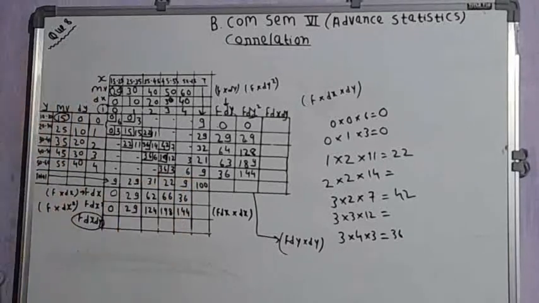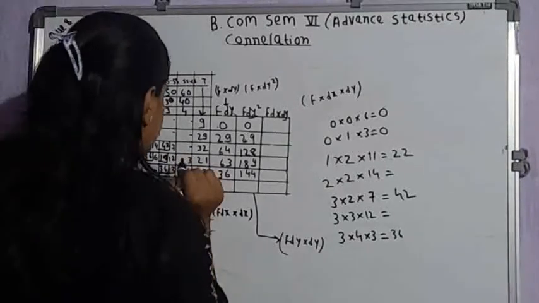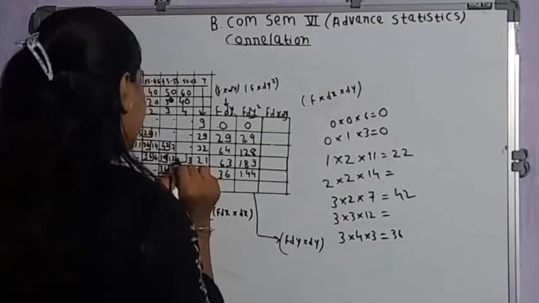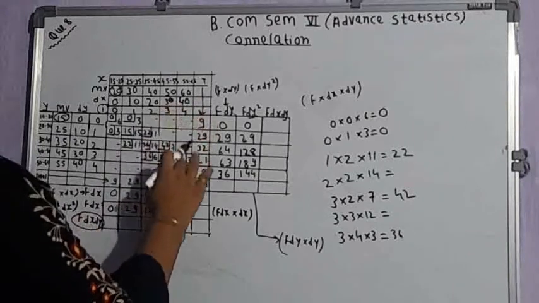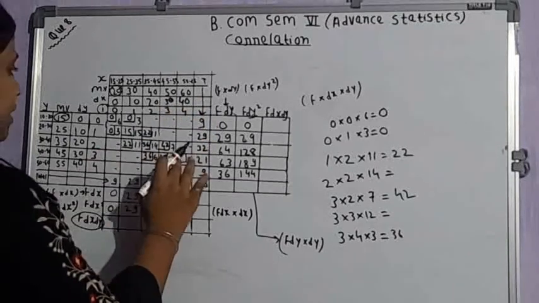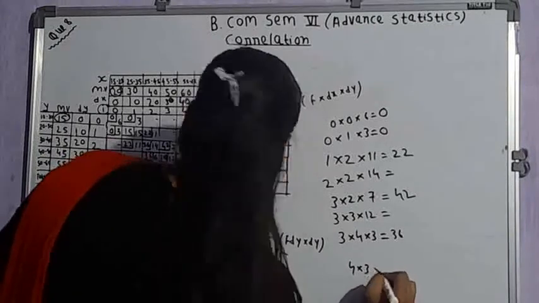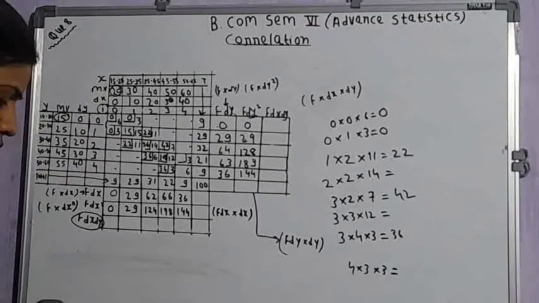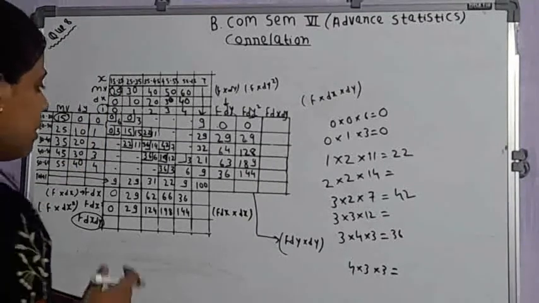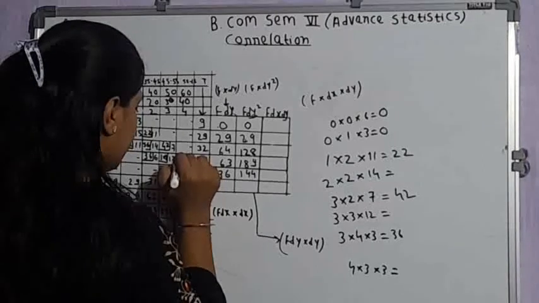Then what is left? 3 is left, when the frequency is 3. So how would f dx dy be calculated? dx is 4, dy is 3 and frequency is 3. So 4 into 3 into 3 would become 36. So again we write 36 over here.